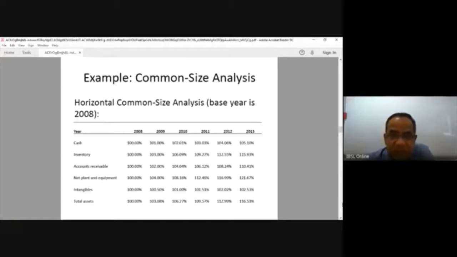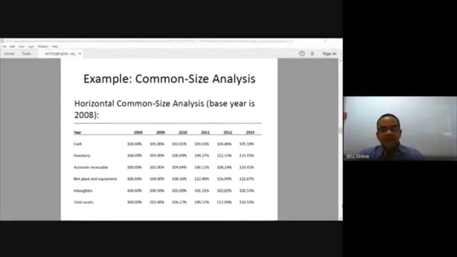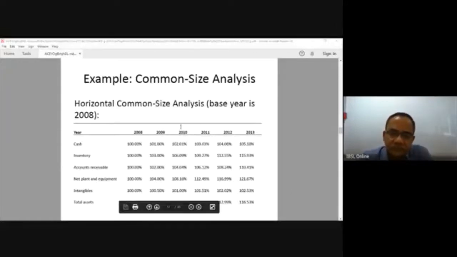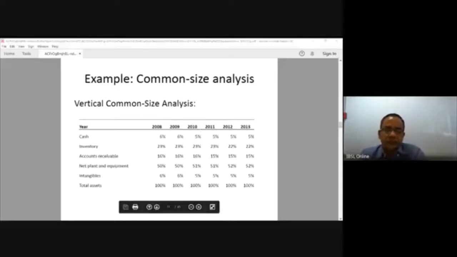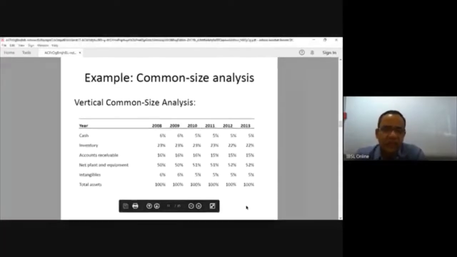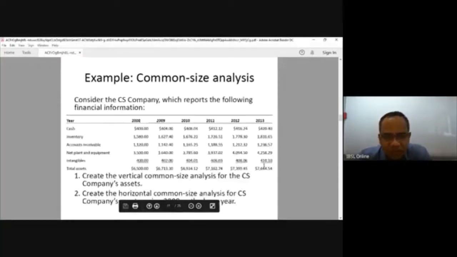So when you're doing a horizontal common size analysis, you take the base year as 100%, and when you're doing a vertical one, we are taking the total and then for every year, the individual components as a percentage of the total. So this is about doing a common size analysis of any figures which are given.